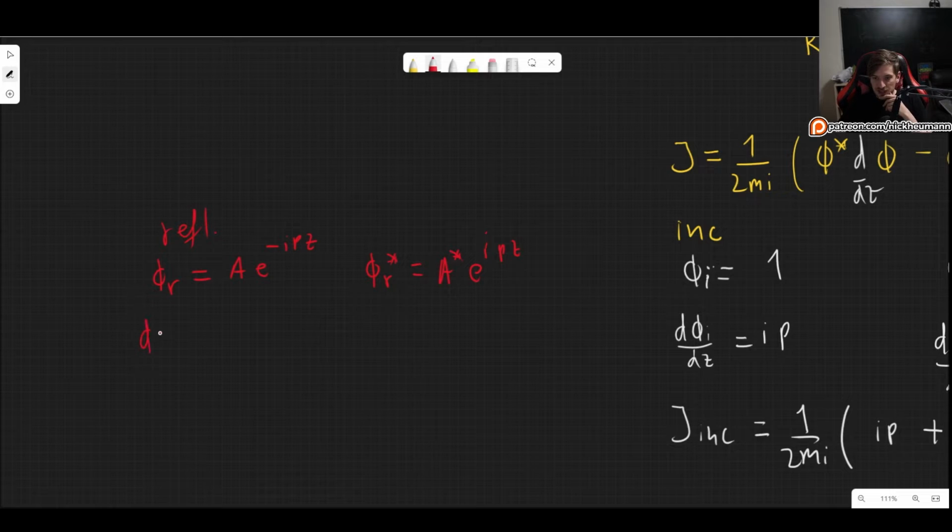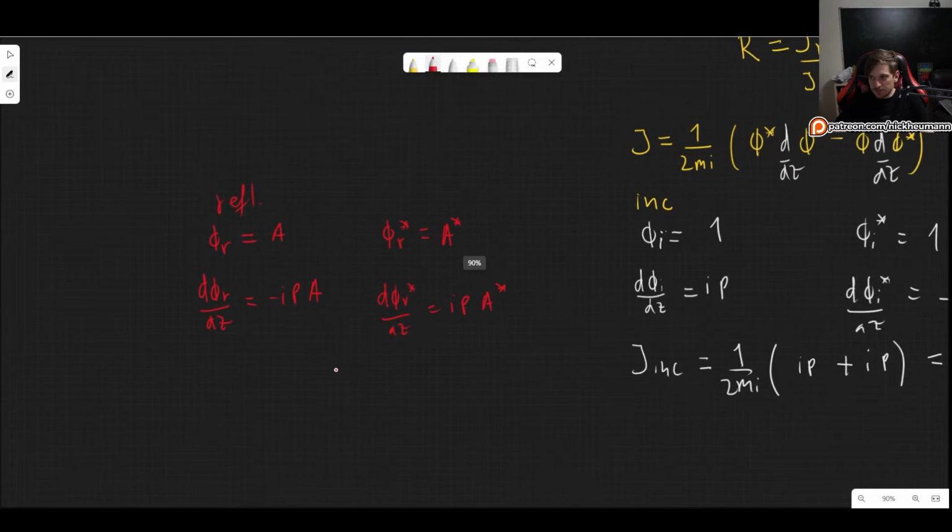Okay, now we take the derivative. So we get d phi r dz, which is equal to minus ip times a times the same exponential, but again, the exponents go to 1. And then we have d phi r conjugate dz, which will give us ip times a conjugate, and well, then this exponential also goes to 1. All right, now let's plug it in.